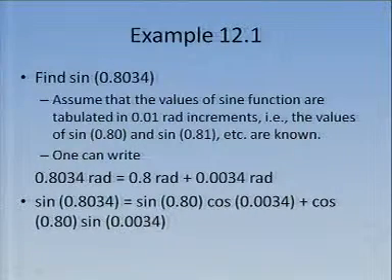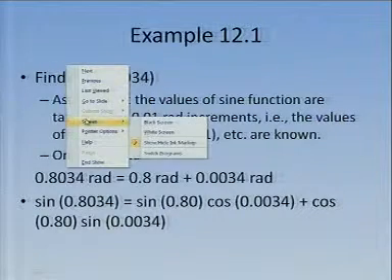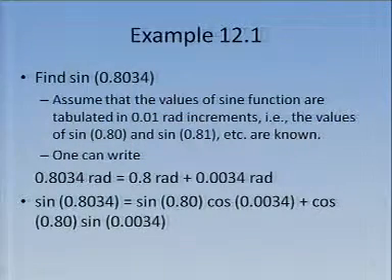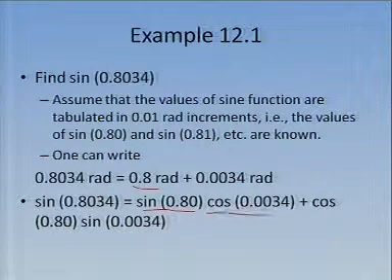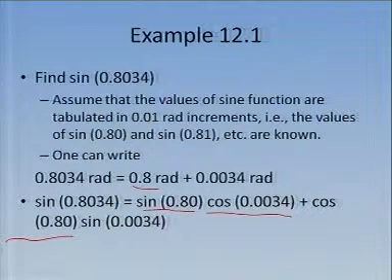So, now if I want to calculate 0.8034, I divide it into two parts. One is sin 0.80, so sin A cos B and then cos A sin B, right.